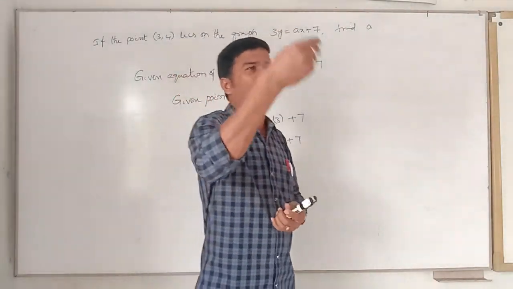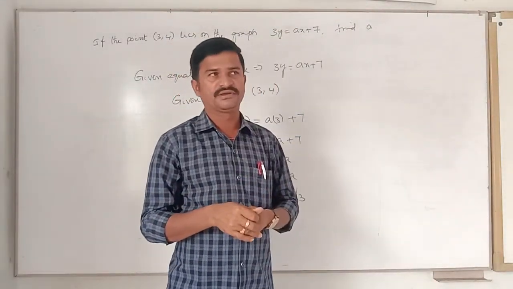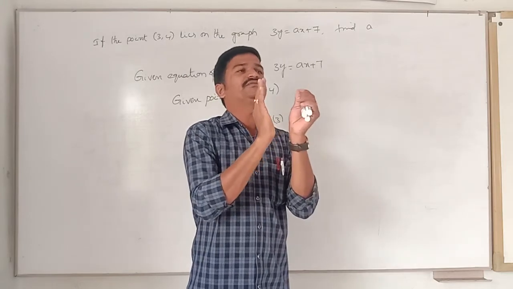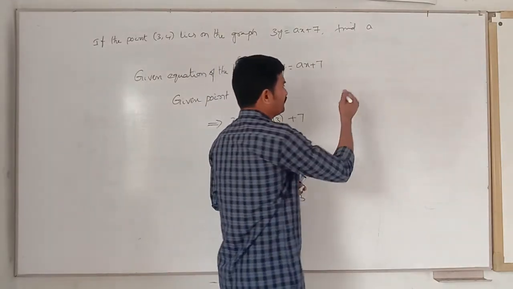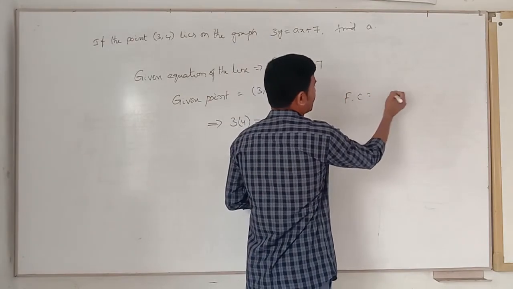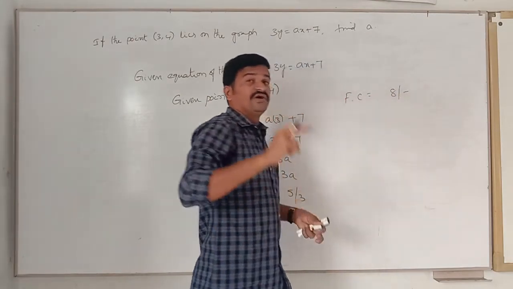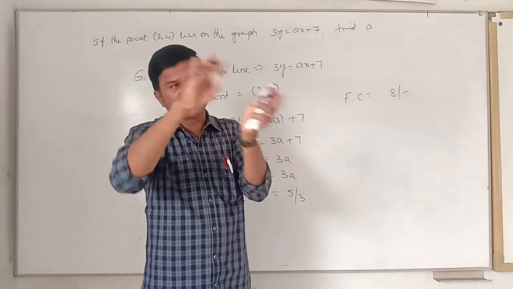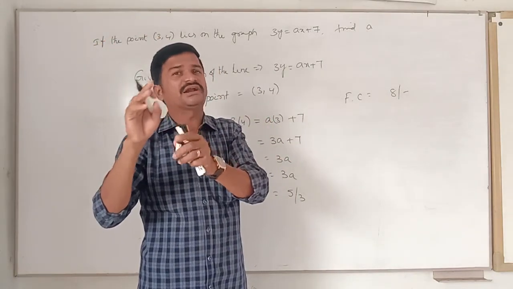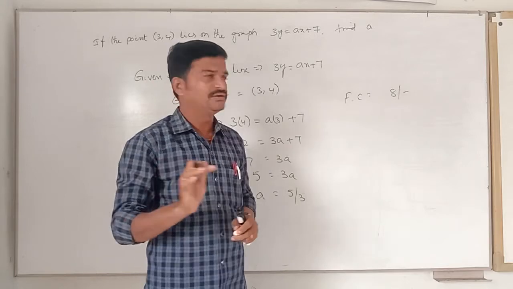Before that, I want to do a small example with you. What is the fixed charge given here? 8 rupees. Fixed charge, FC, means 8 rupees. For every subsequent 1 hour, he is collecting 5 rupees. Are you clear?